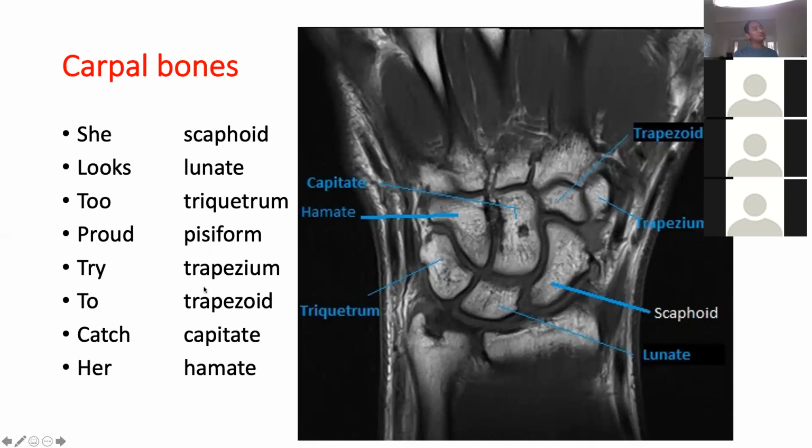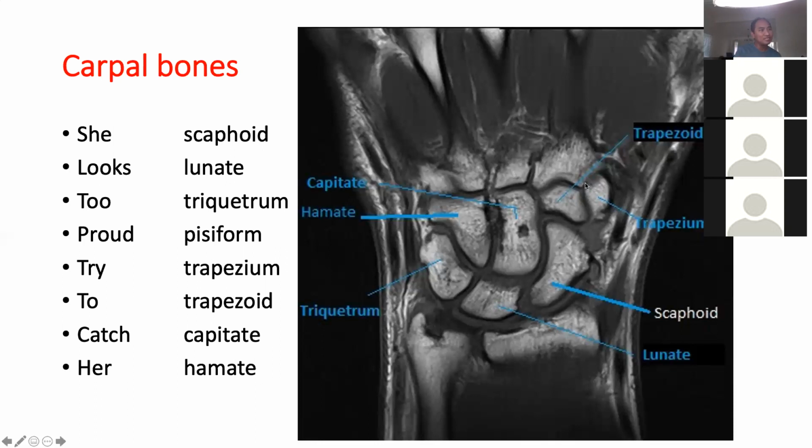And the second rule is try to catch her. Try means trapezium. Too, trapezoid. Catch, capitate. And her means hamate. So now we know the small wrist bones in our wrist, which are staying between the radius and ulna proximally and the metacarpal bones of the hand distally.